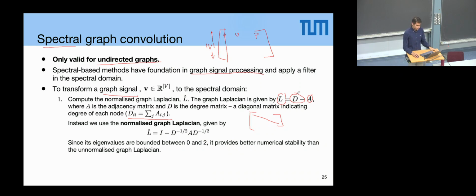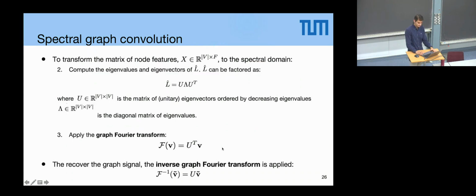In reality, we don't work with this Laplacian matrix. We work with the normalized version of the graph Laplacian, because we know that the eigenvalues are between 0 and 2, and it will be more stable when doing the eigenvalue decomposition. That's the second step, computing the eigenvalue decomposition of this normalized graph Laplacian.